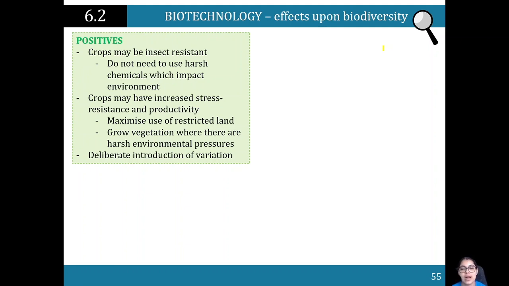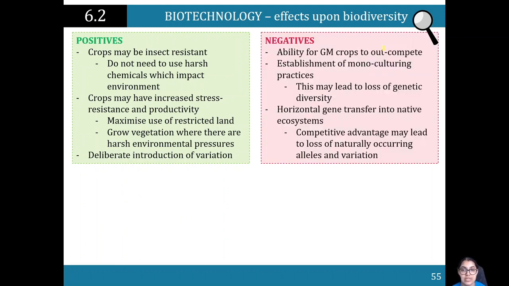Also growing vegetation where there are harsh environmental pressures. So we know that we can try and grow vegetables inside buildings, or eco hubs and stuff. There is research into that happening, and in fact it has already been implemented, and also there is a deliberate introduction of variation through this.